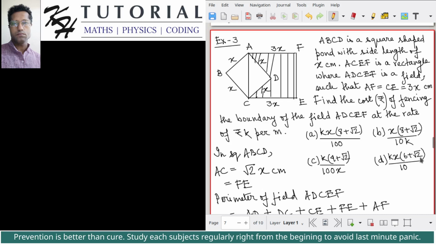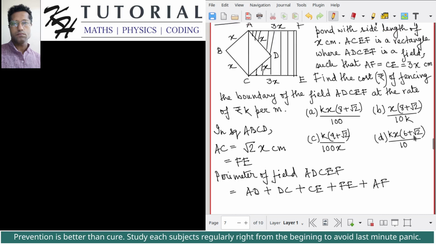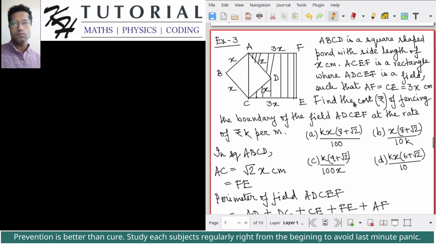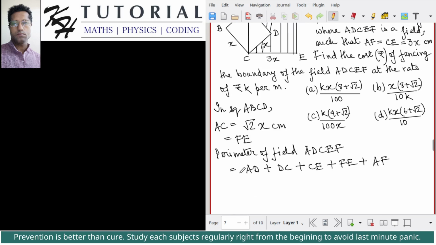So this is the boundary of the field. ADCEF is the field, and its boundary or perimeter will be equal to AD plus DC plus CE plus EF or FE plus AF. Okay.